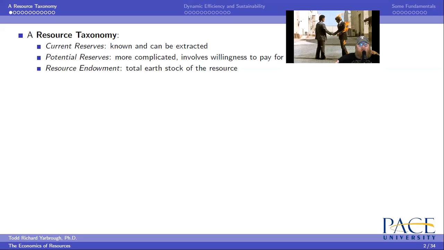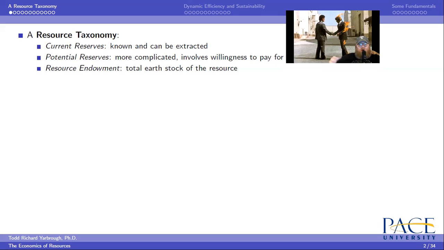But one of the things that we'll talk about in this video is that another thing that factors in significantly to the decision of whether we pull a resource out of the ground is the economic feasibility of pulling that resource out of the ground.